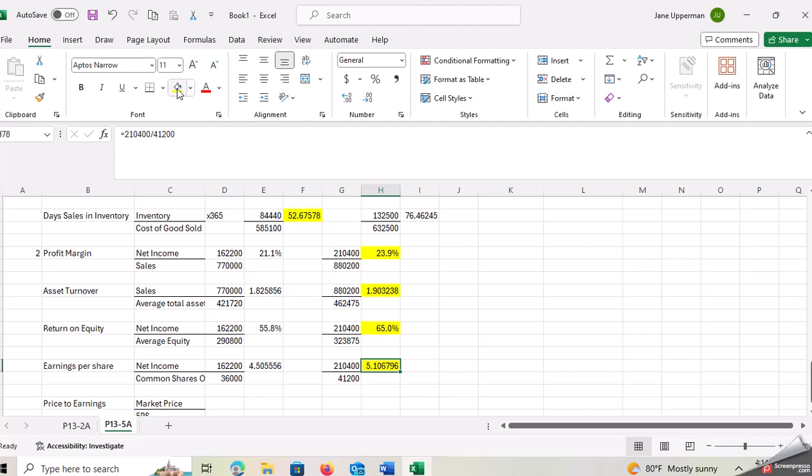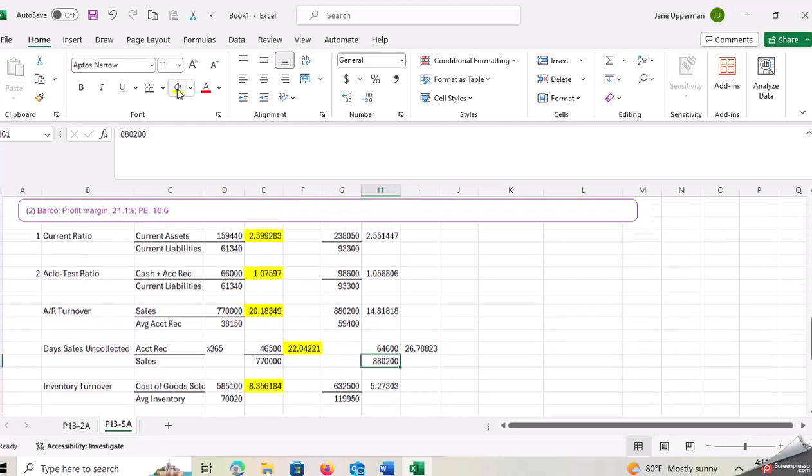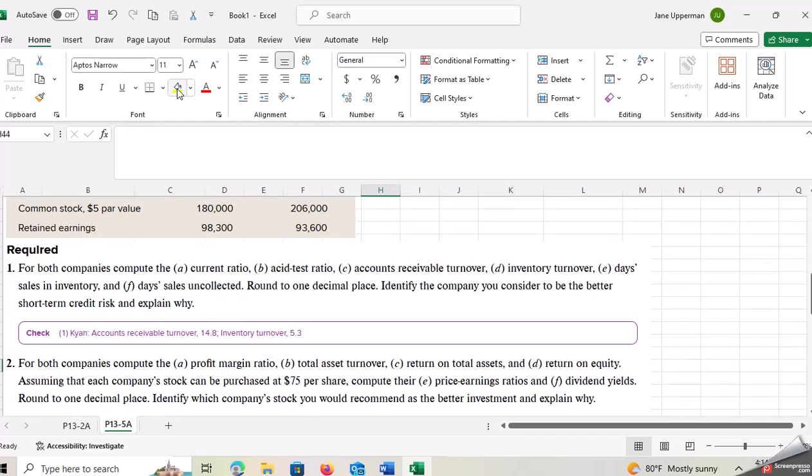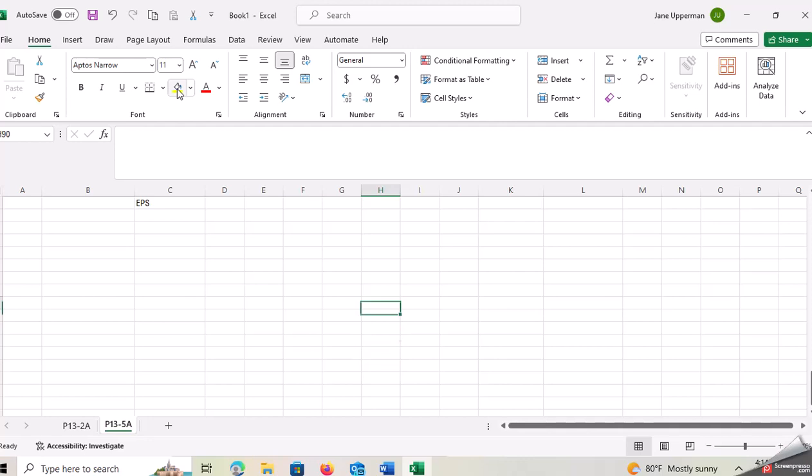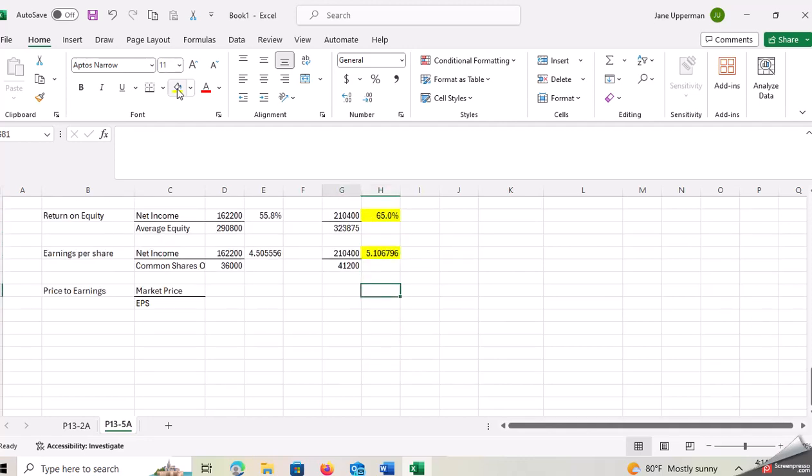Then finally, our price to earnings. If we go back up, it tells us to assume that each company's stock can be purchased for $75 per share. So it's going to be the same price. So 75 divided by the 4.506.